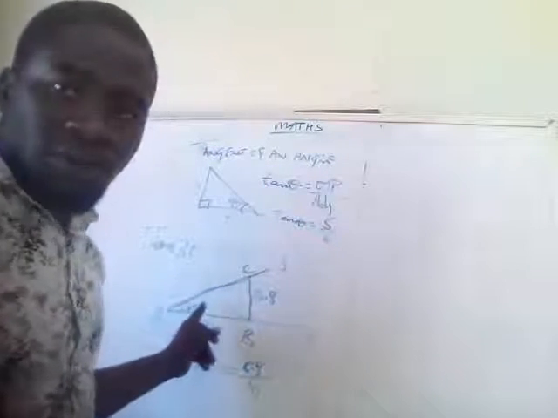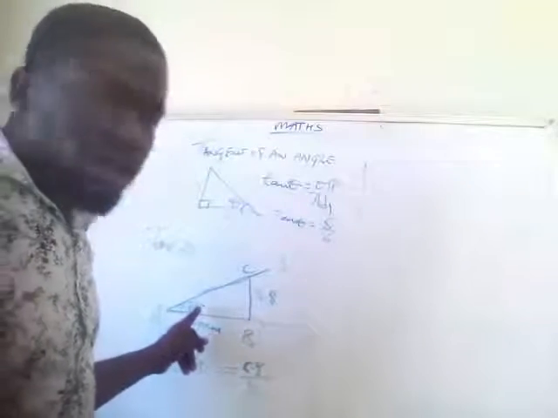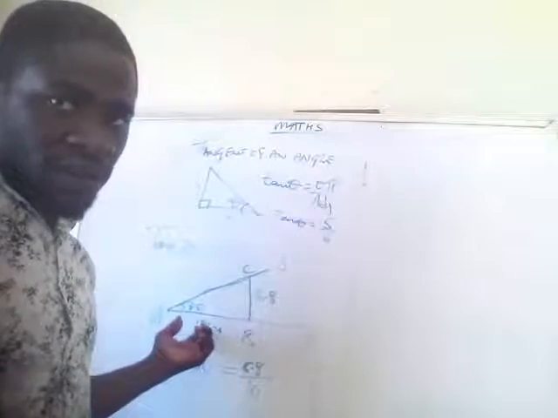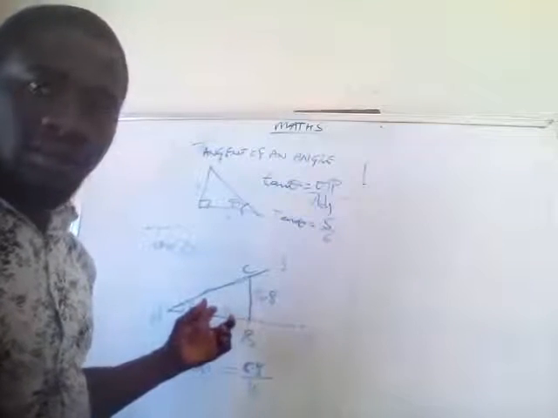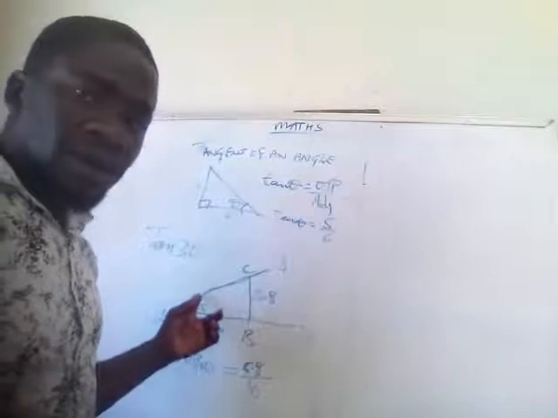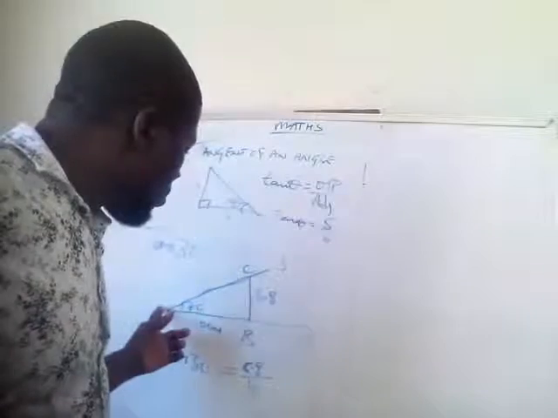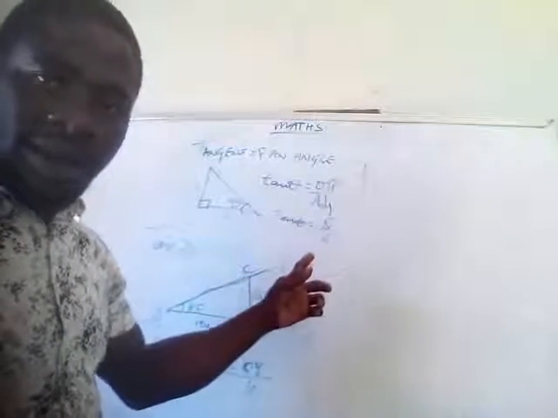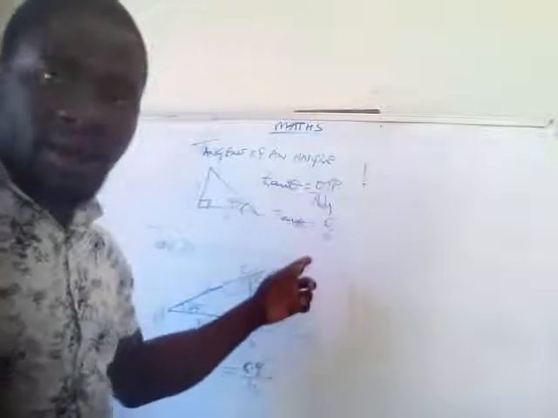You measure with your protractor 30 degrees, let's say the one I'm solving now. Then you draw the slant line, that is AY.